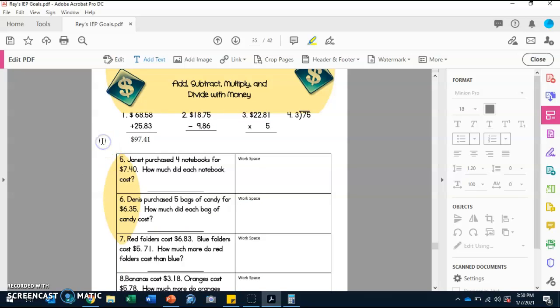Now it highlighted and didn't highlight what I wanted. It's okay. So it's saying that she purchased 4 notebooks. So let's write that here. 4 notebooks, and all those 4 notebooks equaled $7.40.